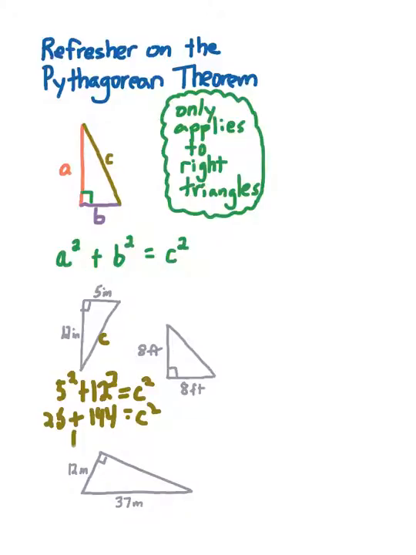So that's 169 equals C squared. And even though C could be 13 or negative 13, we're talking about geometry here. So C equals the primary square root of 169, which is 13 inches. Now, I'm looking over here at this example right here.